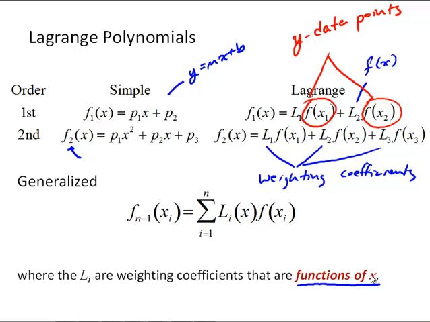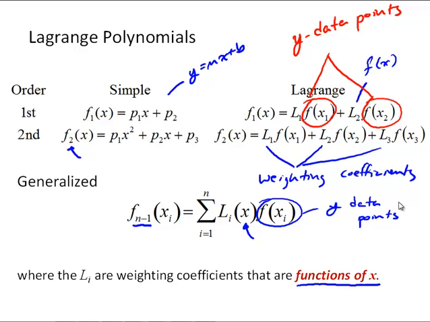So in general, we can write an n-1th order Lagrange polynomial as a summation of n terms, where each term is the weighting coefficient, which is a function of x, times that y data points, which we're calling f of x.